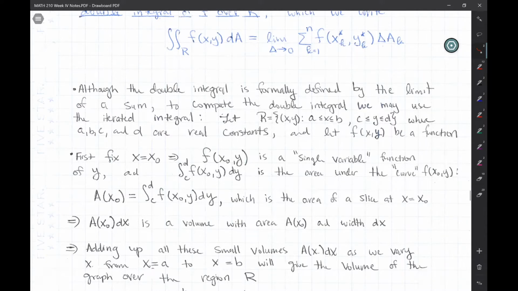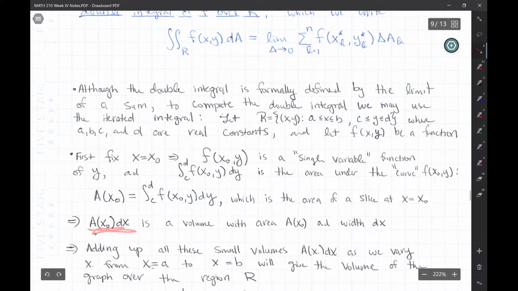Now, what's the volume of the area of the slice? Well, it's not a volume, right? The area is two-dimensional, and the volume is three-dimensional. So let's take that area and give it a width. We're going to give it a very small width dx, and so we'll get a slice that's now a little fatter, with width dx.